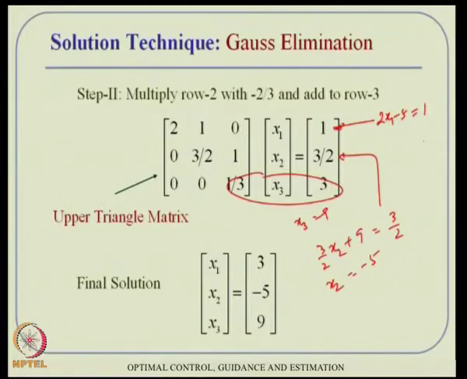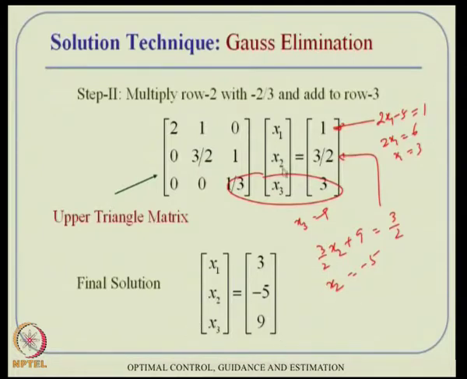So 2x1 turns out to be 6 and x1 equals 3. That is why you get x1 equal to 3, x2 equal to minus 5 and x3 equal to 9.